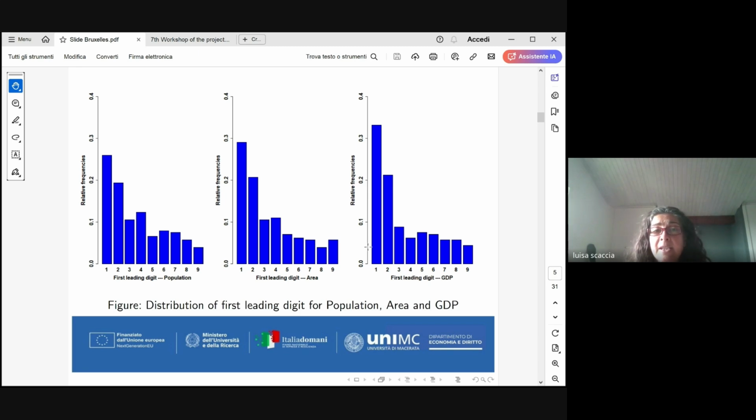Small digits in real data sets have a much larger probability of occurrence than large digits. In particular, for example, the digit 1 has a probability of around 30% to appear, while the digit 9 has a much lower probability, less than 10%.